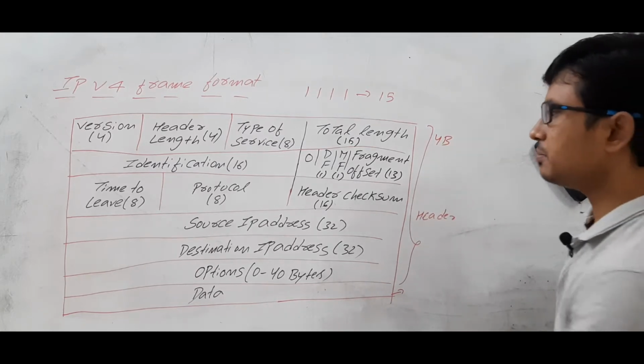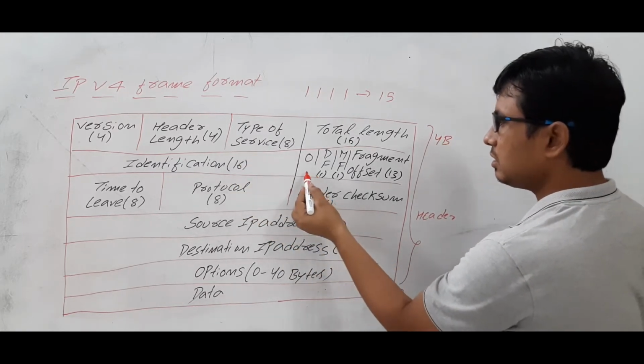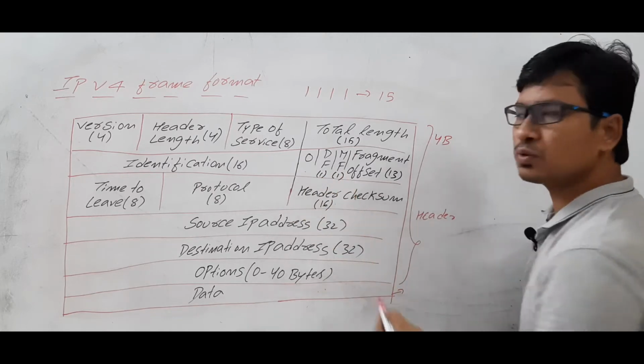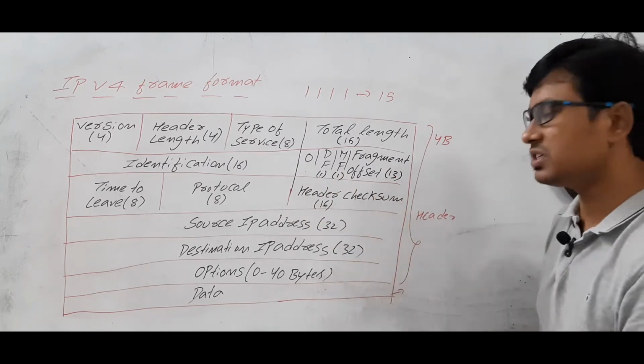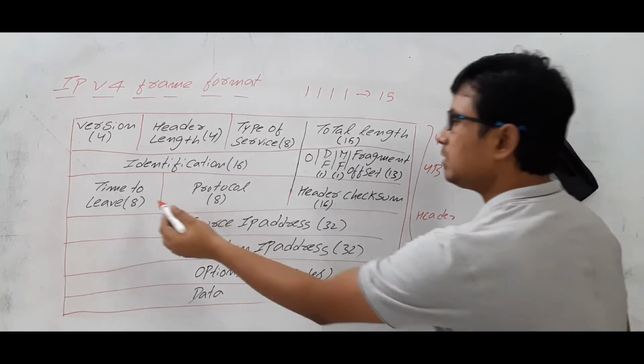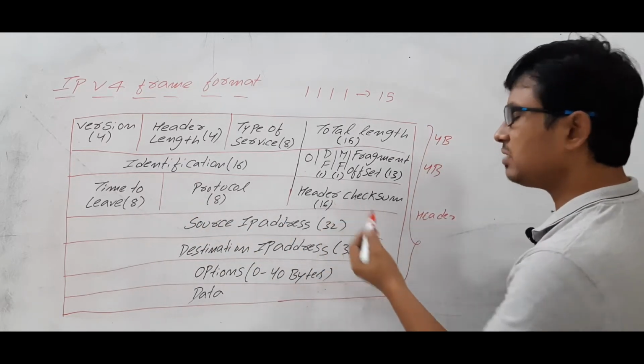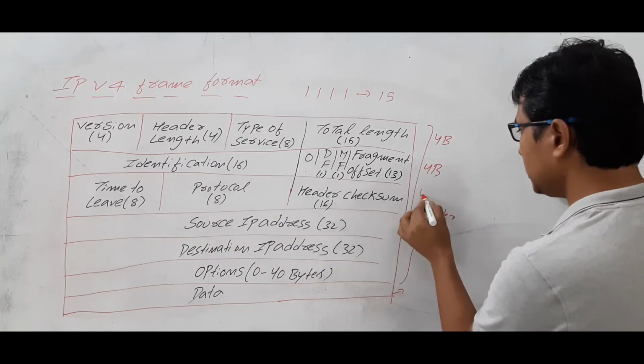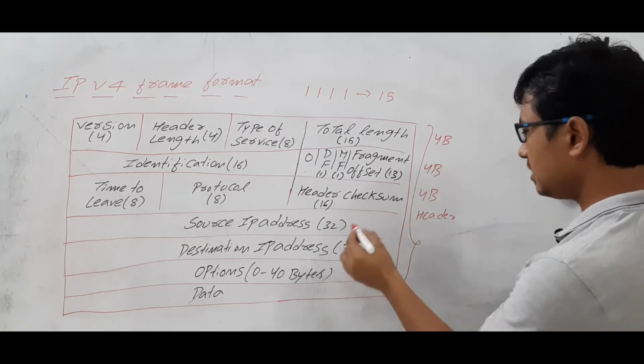Similarly, 16 plus 1 plus 1 plus 1 plus 13 is again 32 bits, so it is 4 bytes. 8 plus 8 is 16, 16 plus 16 is 32, so again it is 4 bytes.